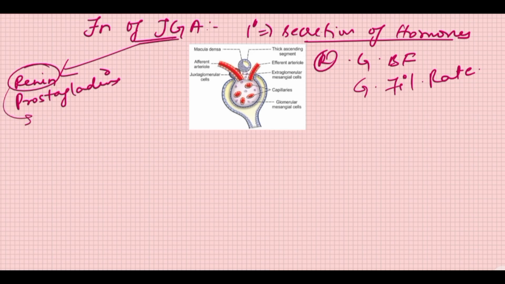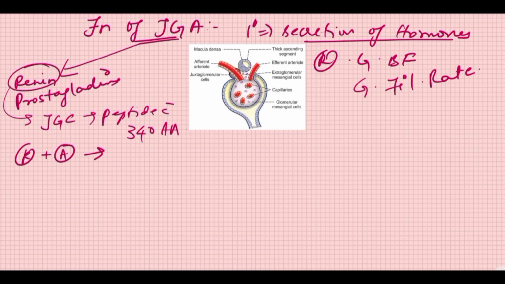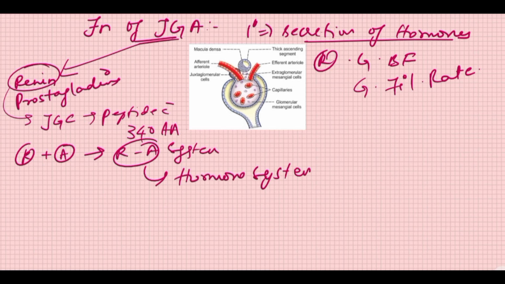Renin is secreted from the juxtaglomerular cells, which is a peptide with 340 amino acids, and renin and angiotensin form the renin-angiotensin system, which is a hormone system which plays a major role in the maintenance of the blood pressure.